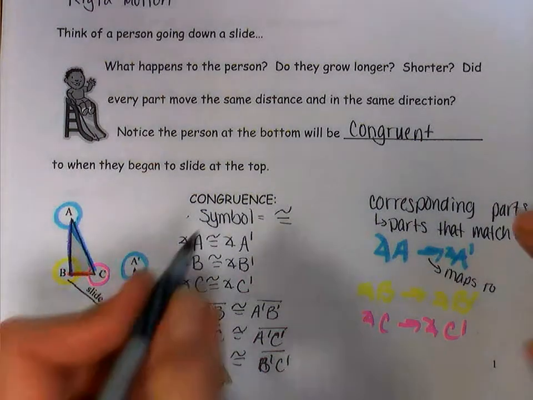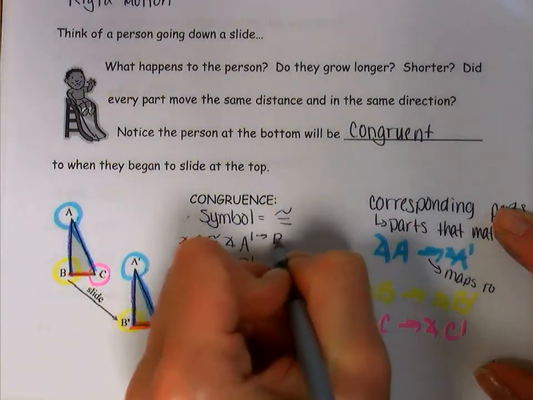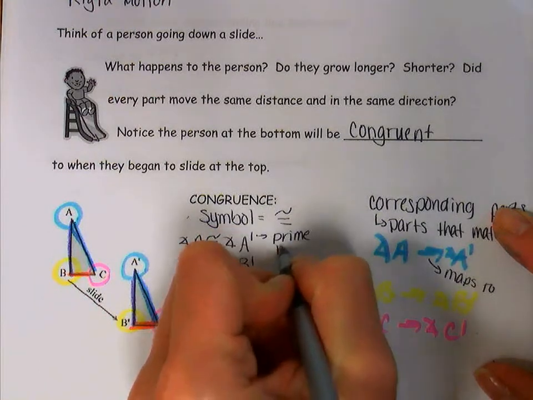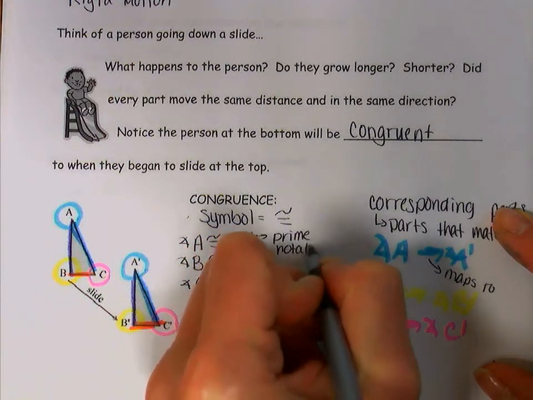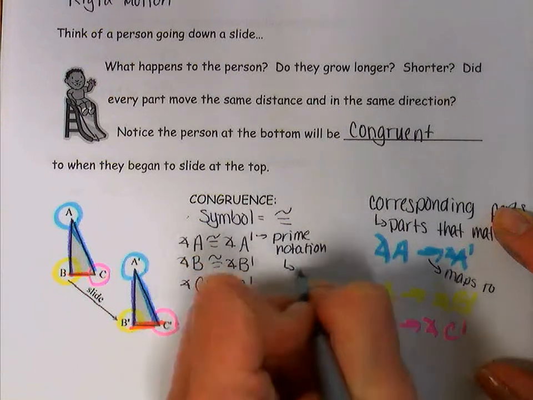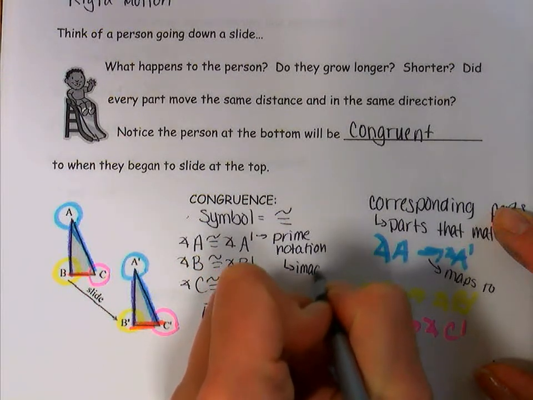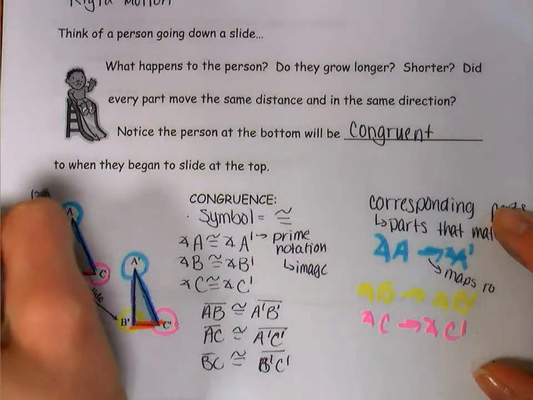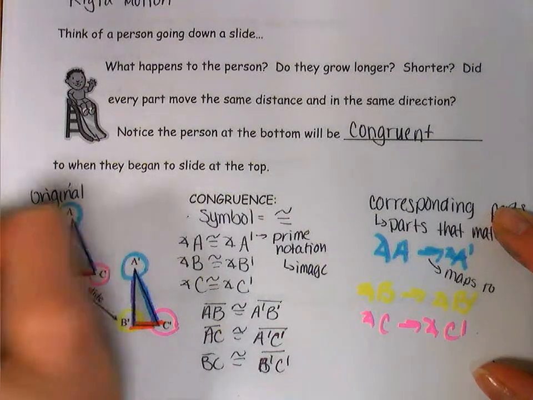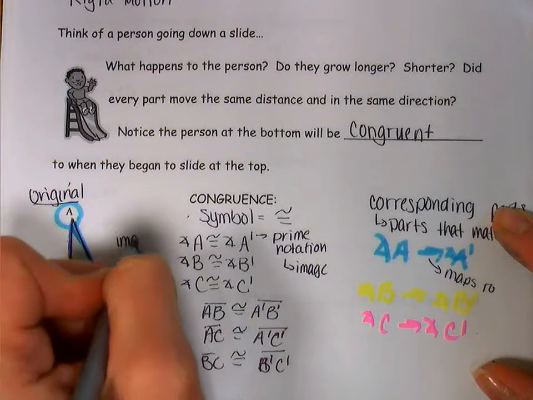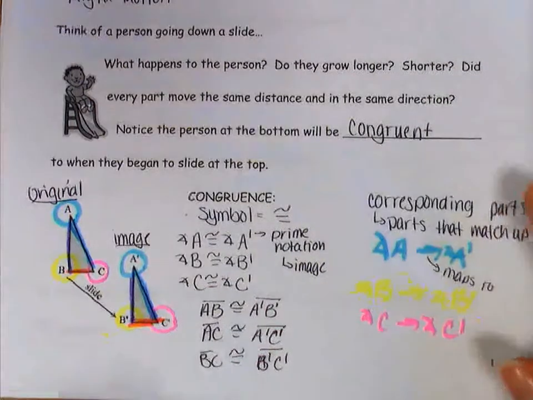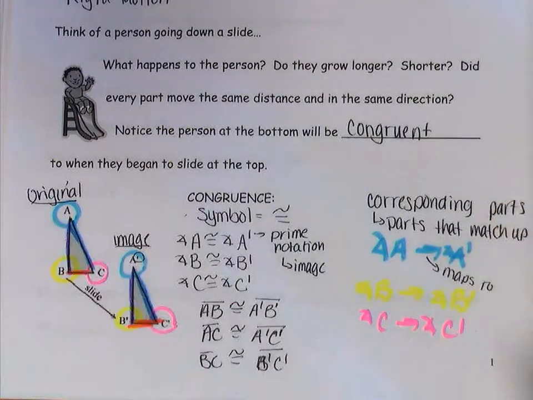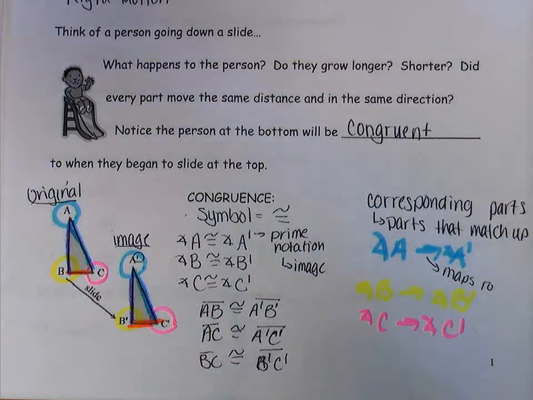So we have a lot of mathematical vocabulary here, including prime notation. And you've heard me talk about prime notation. What prime notation means is that it's an image. So this is the original figure, and this is the image. And how do we know it's the image? We know because we've got this little mark right here, and that indicates that it's prime notation.